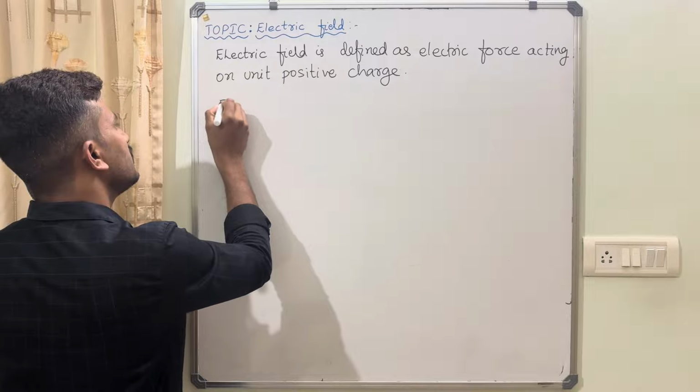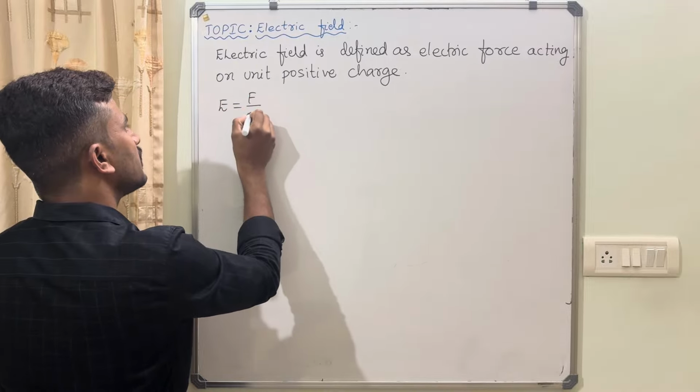Mathematically it is given by E is equal to F divided by Q naught.